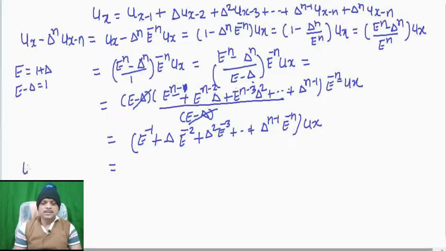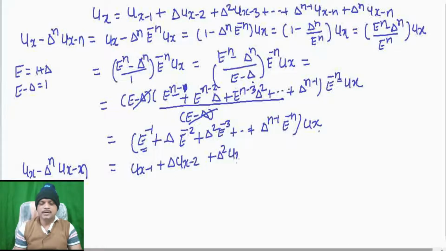So this is ux minus delta raised to n into u of x minus n. E raised to minus 1 operating on ux is ux minus 1 plus delta ux minus 2 plus delta square ux minus 3 plus delta raised to n minus 1 ux minus n.